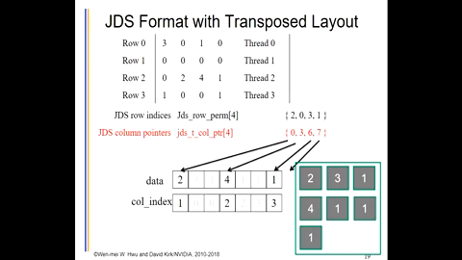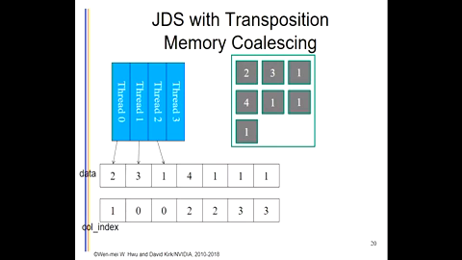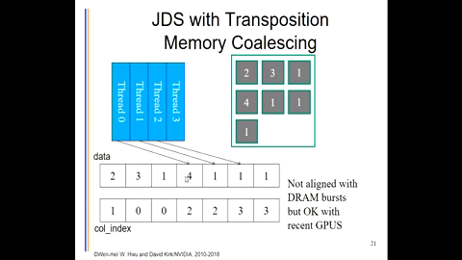And now, after the transposition, we now have memory coalescing. Because in each iteration, let's say iteration 0 here, we're going to have 3 threads, right? Each of the threads will be accessing their first element, and so these elements are in consecutive locations. And then we have the next iteration.